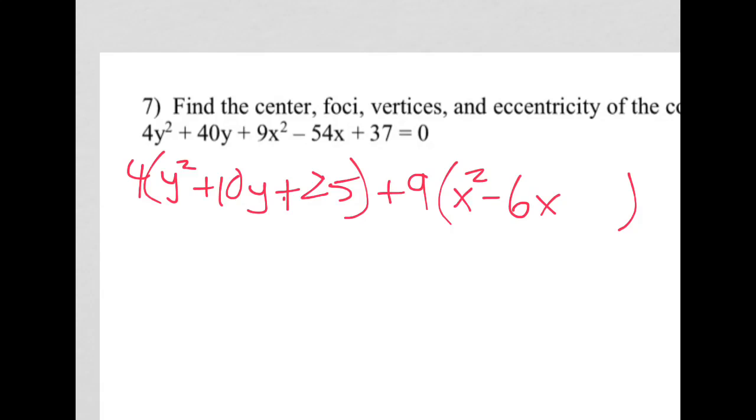And then in the same way, let's go ahead and complete the square. Well, what's half of negative 6? Half of negative 6 is negative 3. What is that squared? Well, negative 3 squared is positive 9, so plus 9 right there. Now we've completed that square.